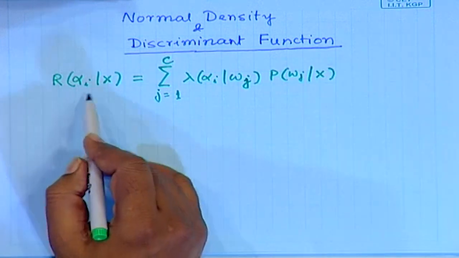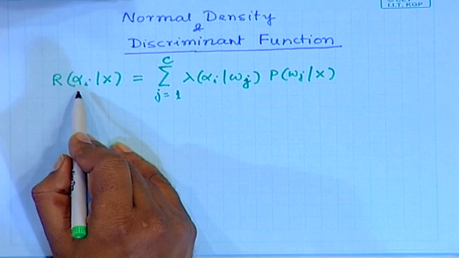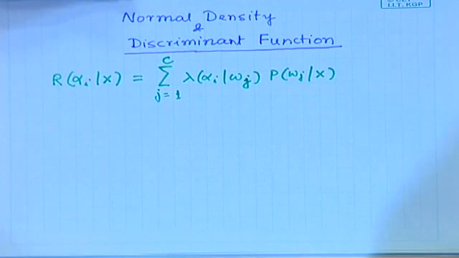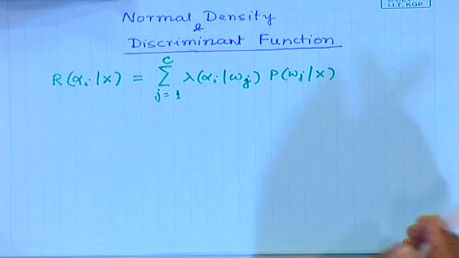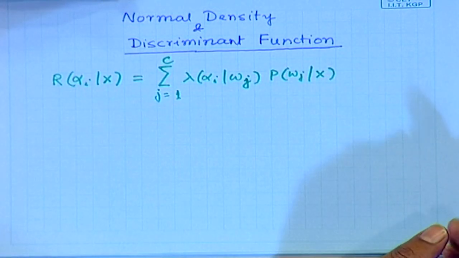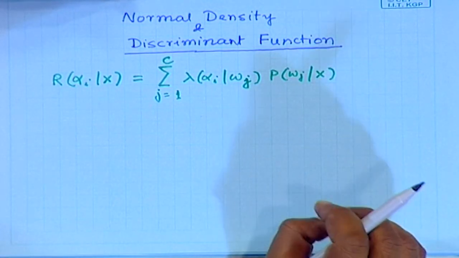So, for each action alpha i, when I have say p number of actions in my system, there will be p number of such risk functions computed, and that corresponding action alpha will be taken for which this risk function is minimum. So, that is what is Bayes minimum risk classifier.